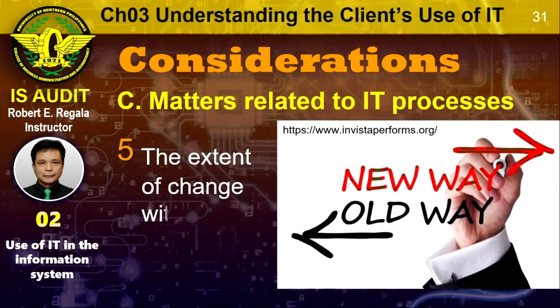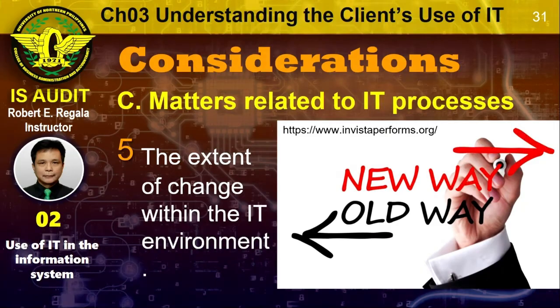Number 5, the extent of change within the IT environment. For example, new aspects of the IT environment or significant changes in the IT applications or the underlying IT infrastructure. For non-complex implementations, changes are limited to version upgrades of commercial software.